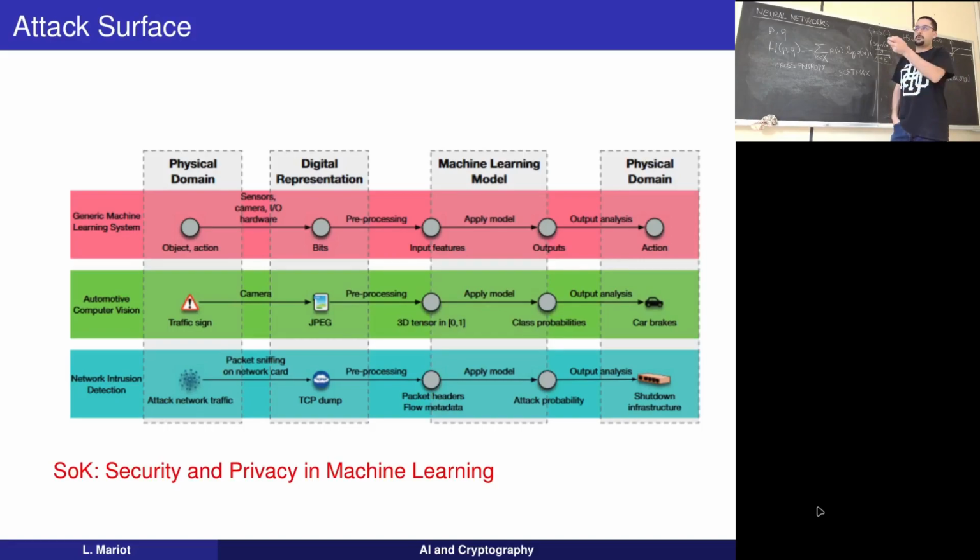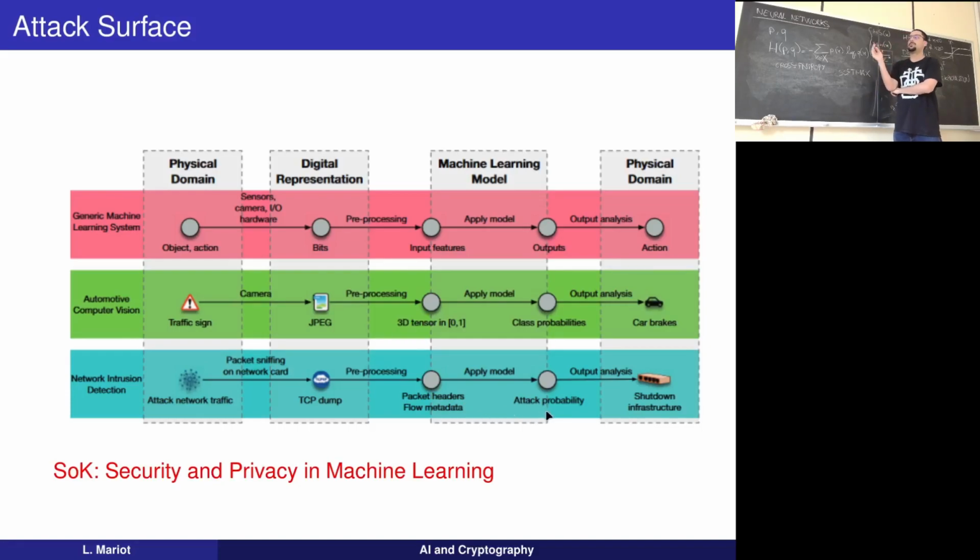You could also have another example with network intrusion detection systems. In that case, you will have network traffic as the data source. From there you get the raw data, that would be a dump of TCP packets, for example. Then you pre-process them and extract the features, for example, the packet headers or metadata like that.